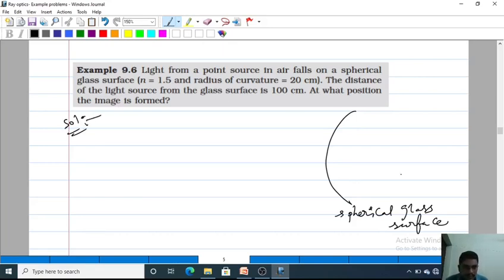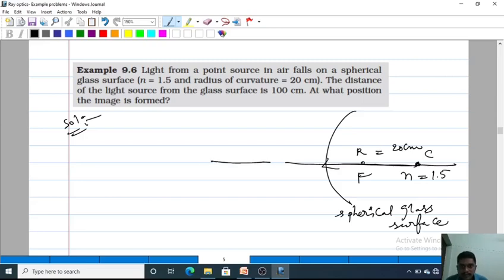The refractive index is equal to 1.5, and the radius of curvature, this is the principal axis, this is the center of curvature, this is the focus, and the radius of curvature R is given as 20 centimeters. This distance is measured from pole to center of curvature, and it is taken as positive. Why? Because light from the point source falls on the glass surface.